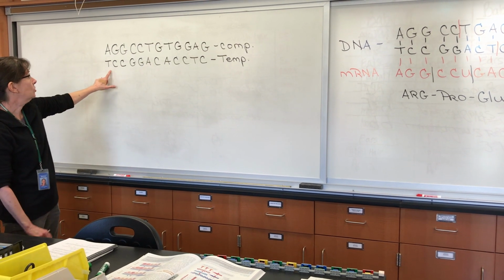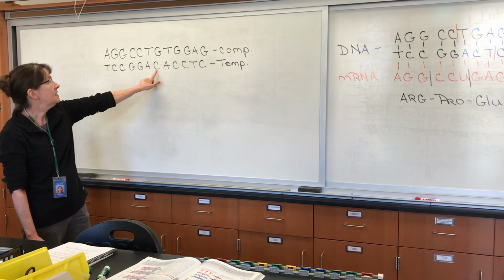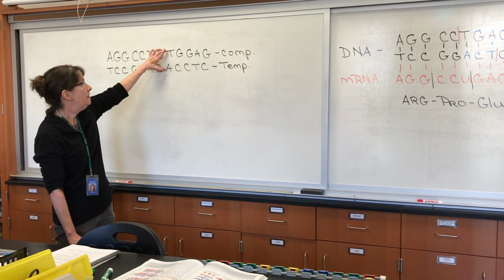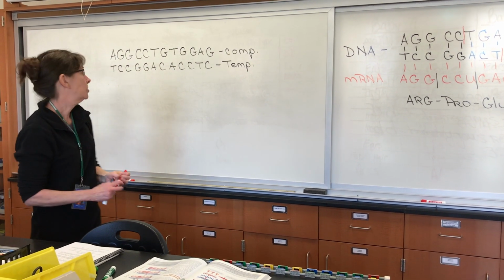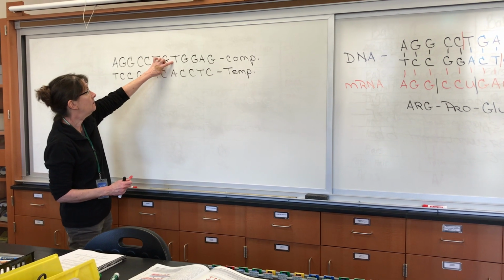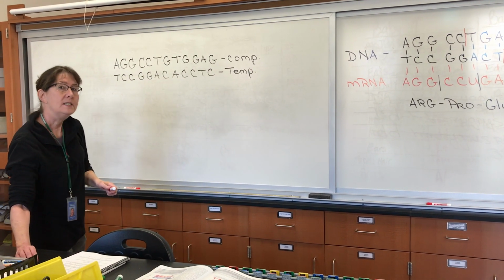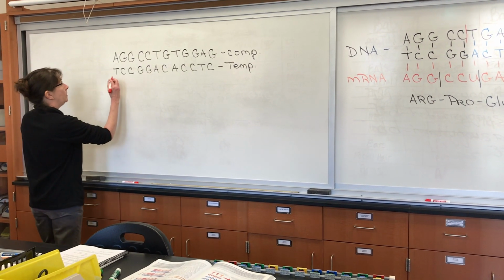Our template strand then is TCC, GGA, CAC, CTC. This nucleotide bonding has been switched. We have a T here instead of an A. We have an A here instead of a T. What does that do to the messenger RNA molecule that we produce?